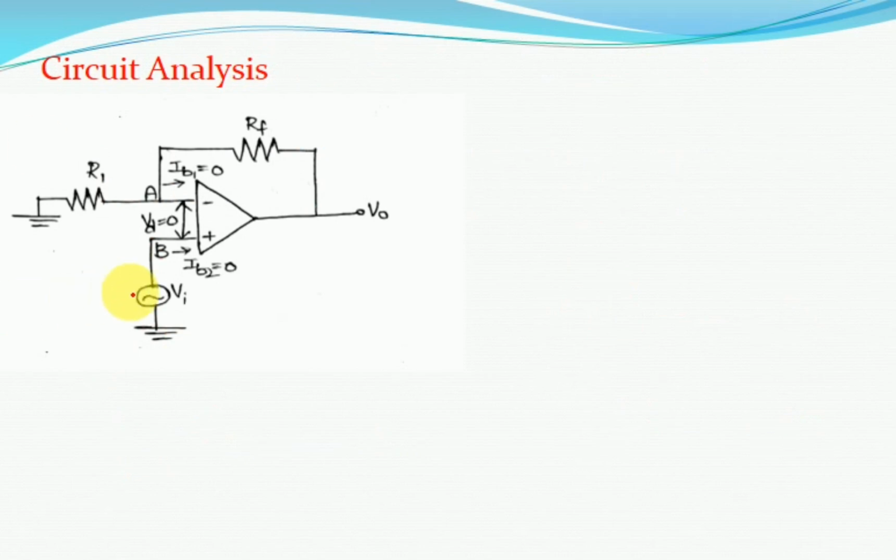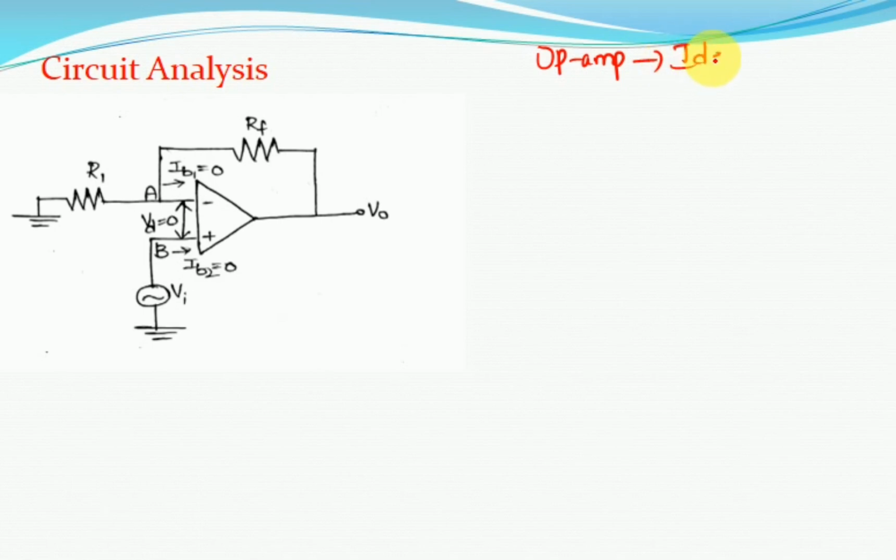Whenever the input is applied to the non-inverting terminal and the op-amp acts as an amplifier circuit, we can say that this total circuit is a non-inverting amplifier circuit. Now let us derive the output voltage expression in terms of input voltage. Assume this op-amp is in the ideal case.